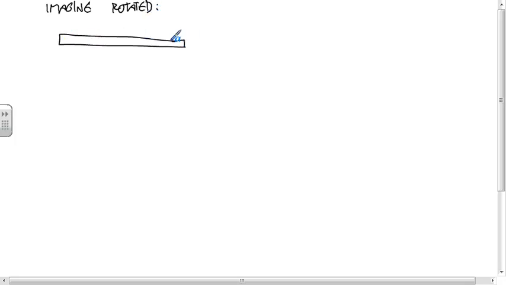And now you have a problem where there's a 6,000 Newton load this way, and then there's a distributed load to the right of 4,000 newtons per meter.